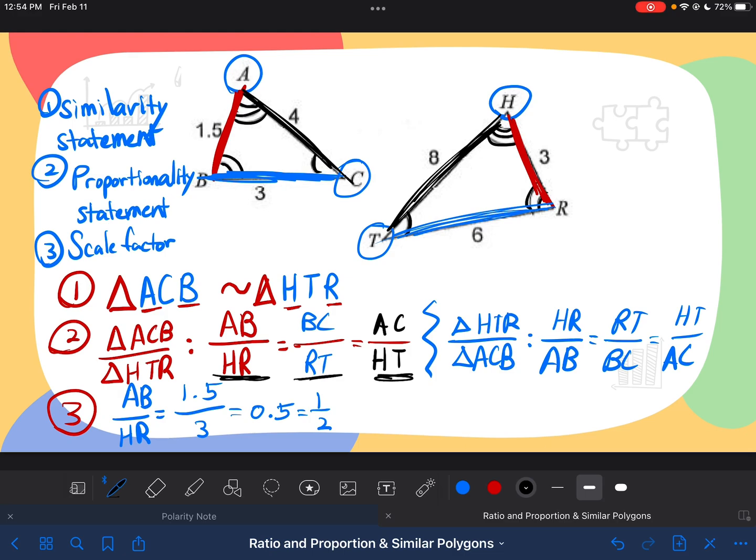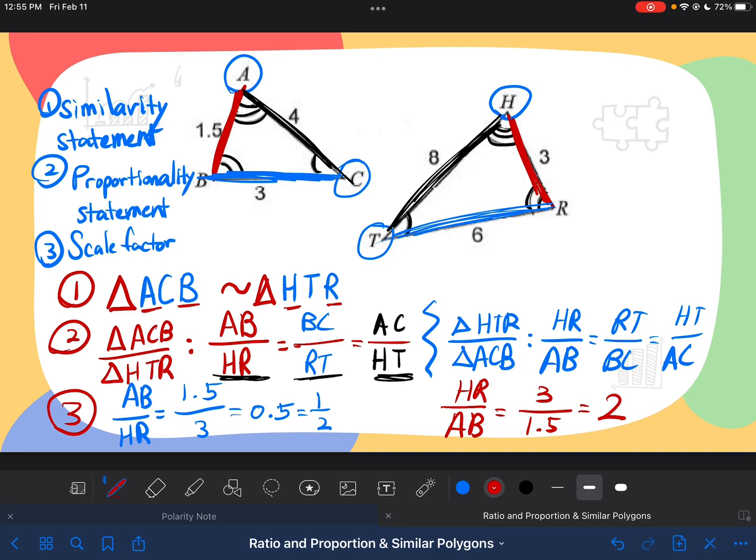Same goes with AC over HT. Okay? And that shows why this is a similar triangle or similar shape. Now, if we go to the other side, just like what we just did, if we do HR and AB, then that basically means that instead of 1/2, it will be 2.